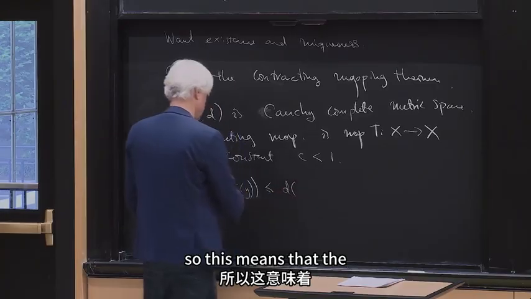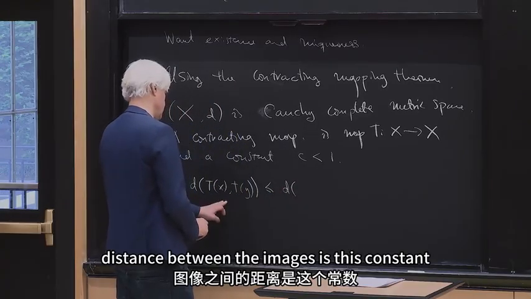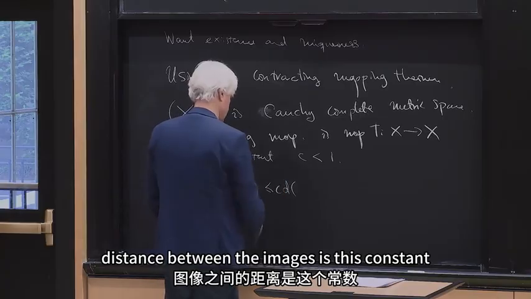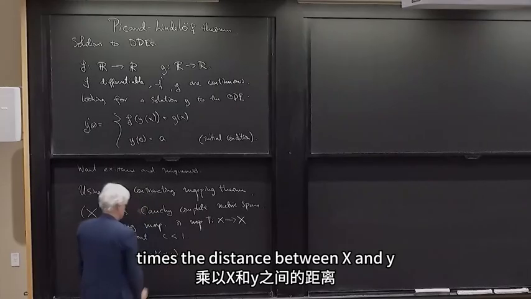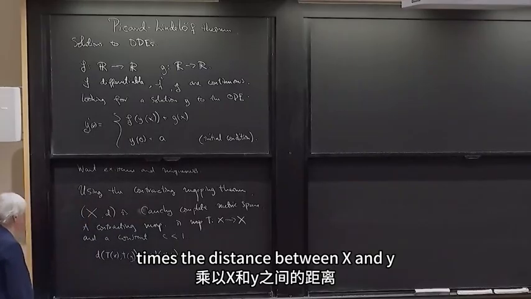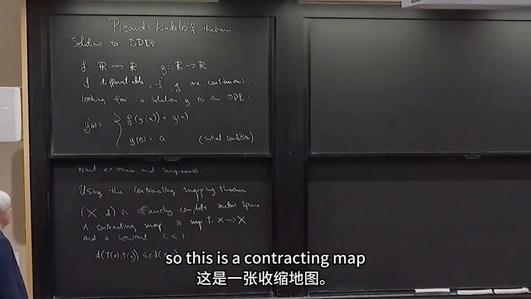This means that the distance between the images is this constant, strictly less than 1, times the distance between x and y. So this is a contracting map.